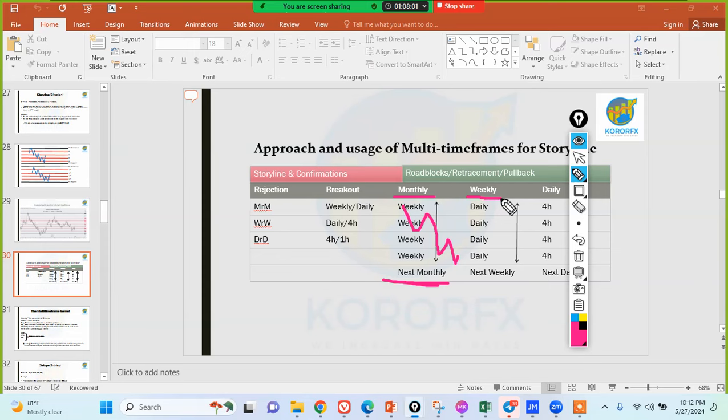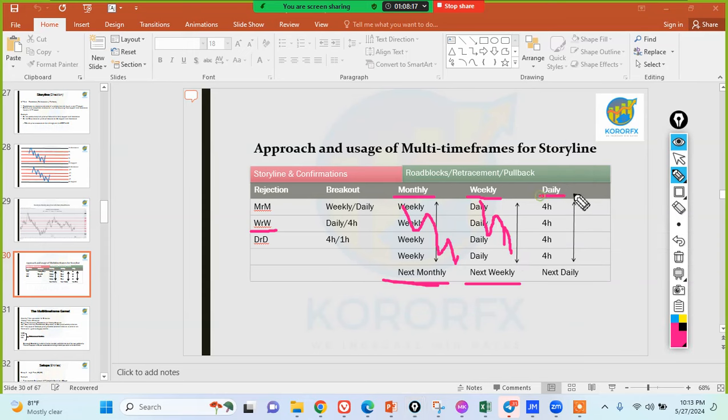If price starts a weekly storyline, just like weekly reject weekly, to reach the next weekly SNR level, it will bounce from one time frame lower of the weekly time frame, which is the daily time frame. If the storyline starts from the daily SNR, then the price will bounce from one time frame lower of the daily time frame until price reaches the next daily level.